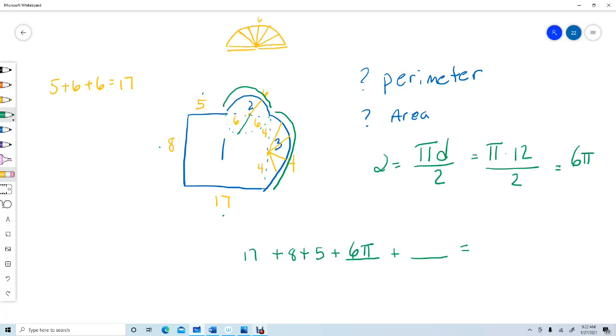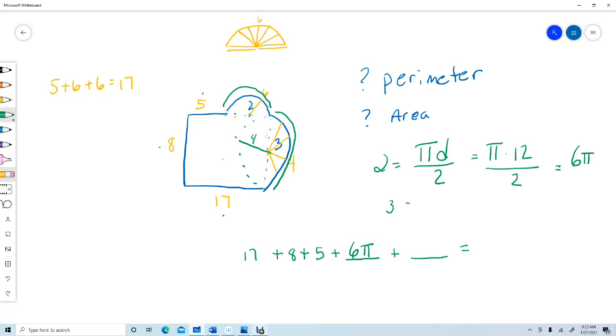I do the same thing for my next semicircle. All right. I imagine this to be a full circle. I look at my radius of that semicircle is 4. If I extend that to a diameter, right, that's going to be 8.